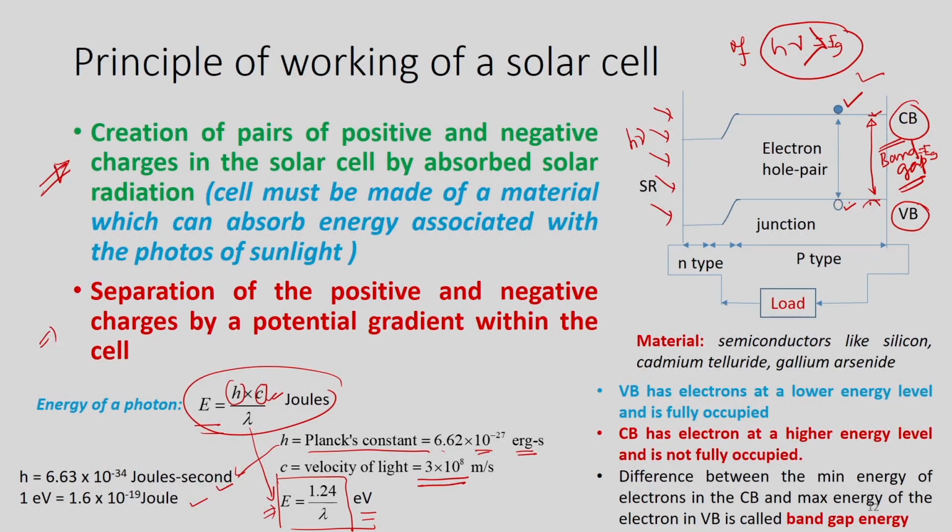Once it is done, these electrons in the conduction band and holes in the valence band are mobile. So, they can be made to flow if we connect an external load.